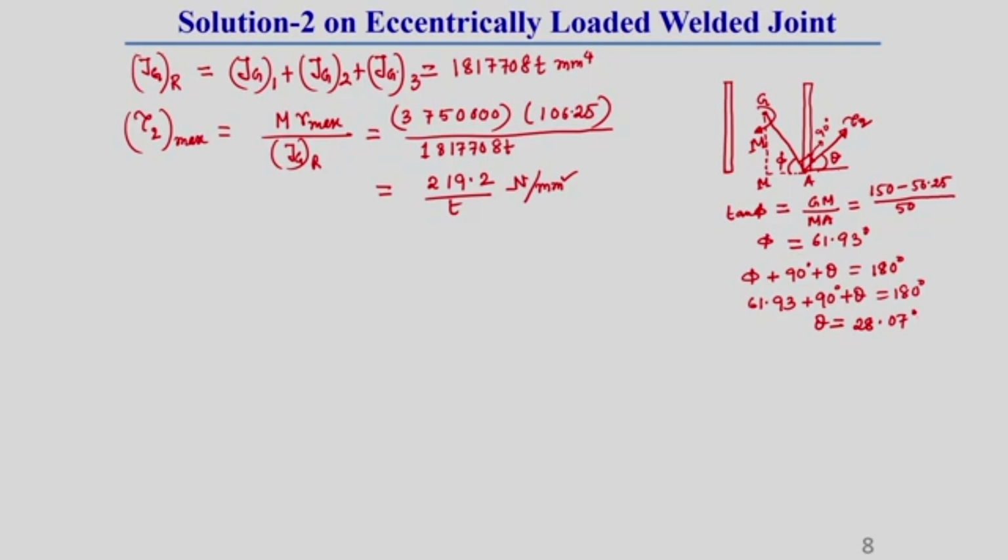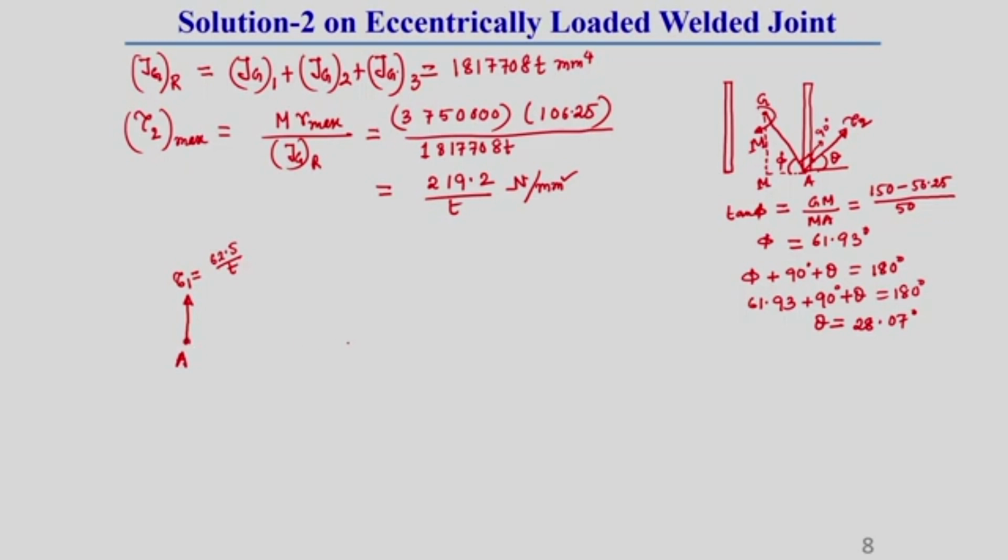As theta is known to us and tau 2 is known to us, now we can easily find out. Let this point be A. At point A, tau 1 is known to us, which we have already calculated as 62.5 divided by t.